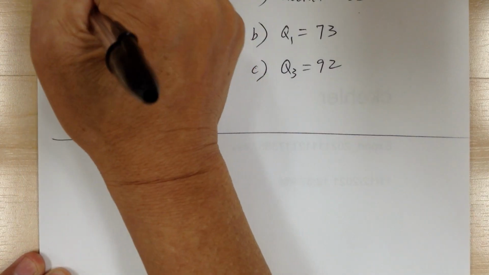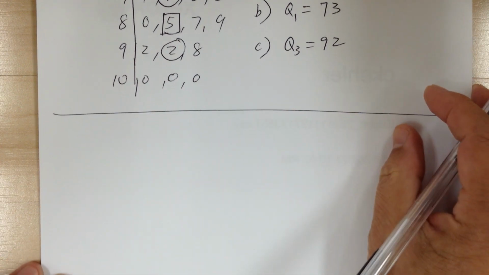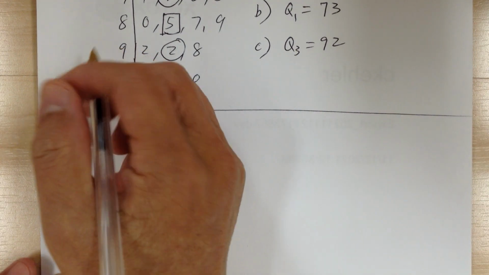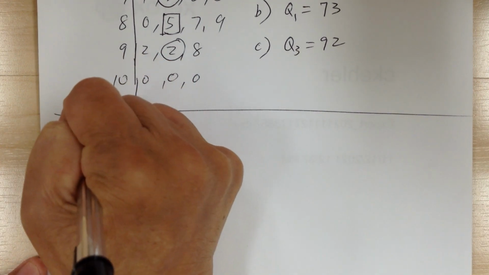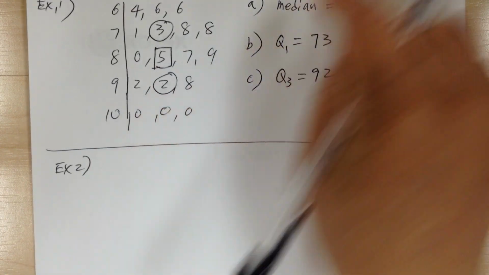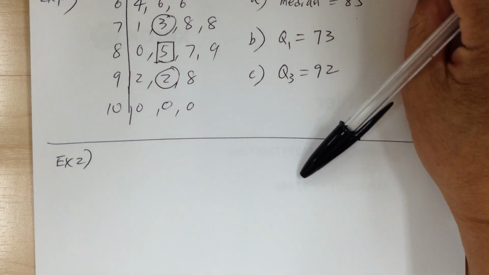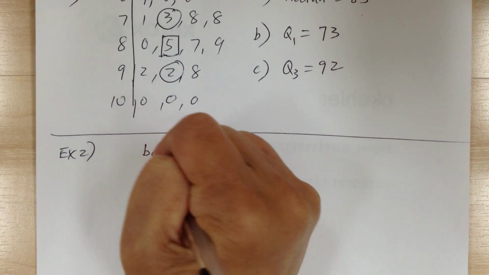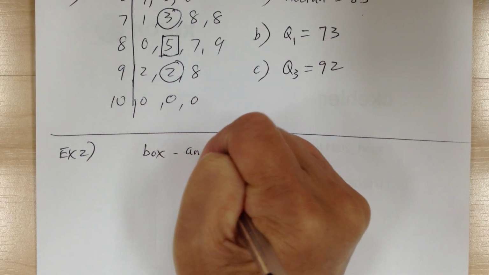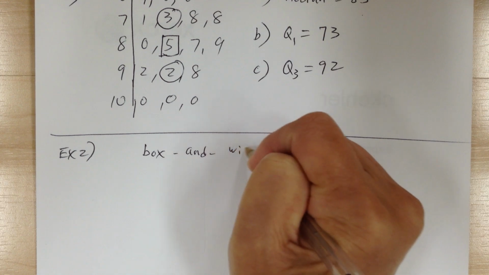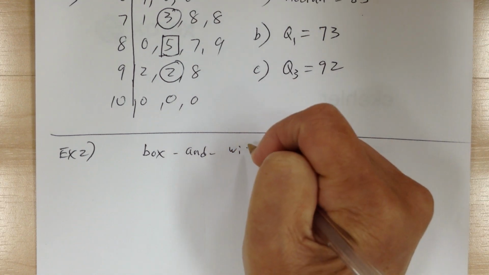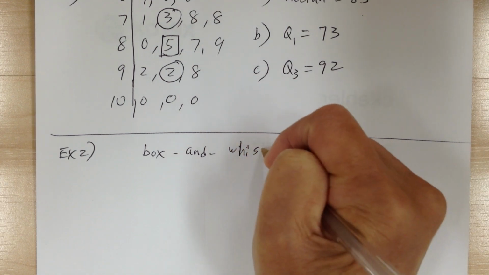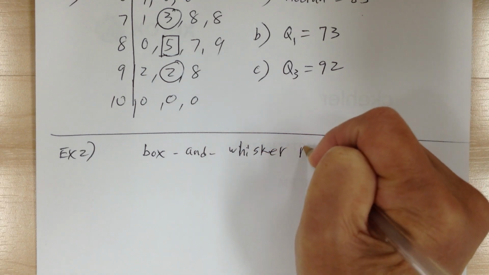Okay. Now, the next thing is, in example 2, they want you to use this information to draw something called a box and whisker plot.